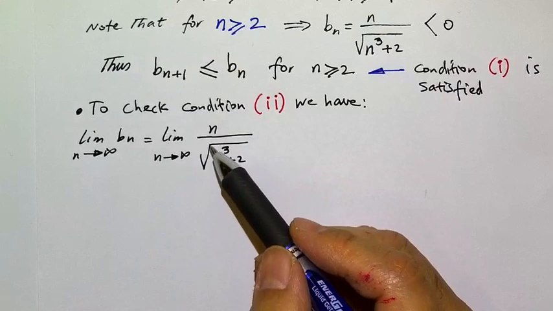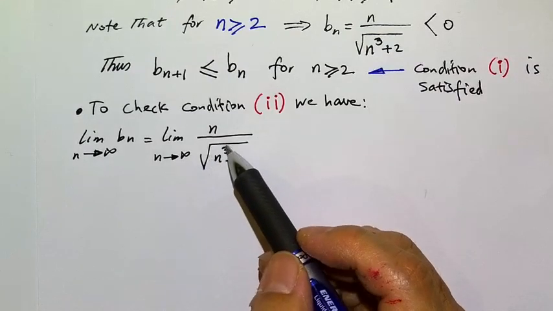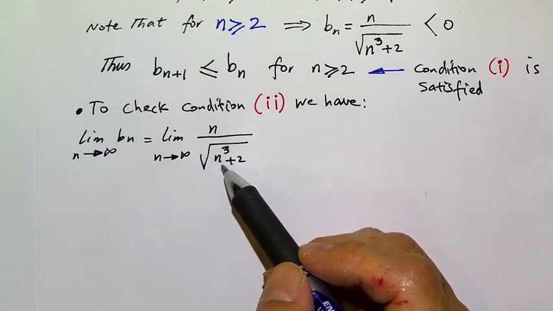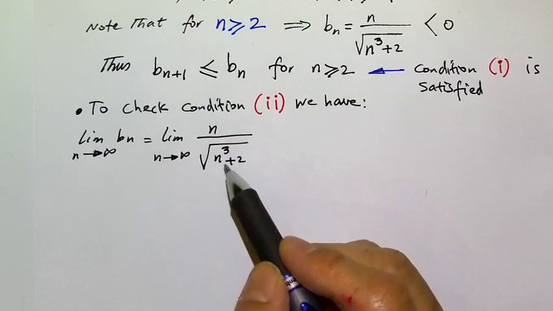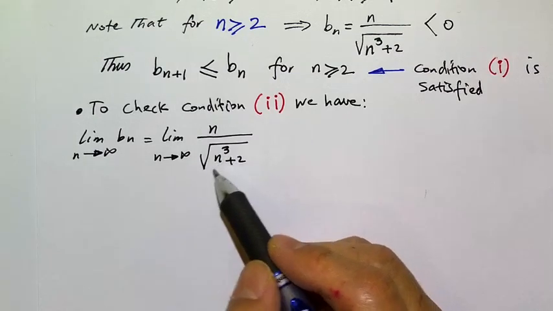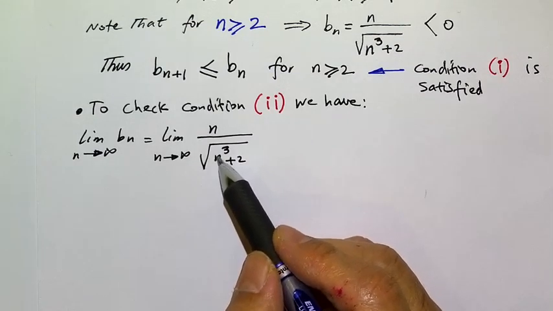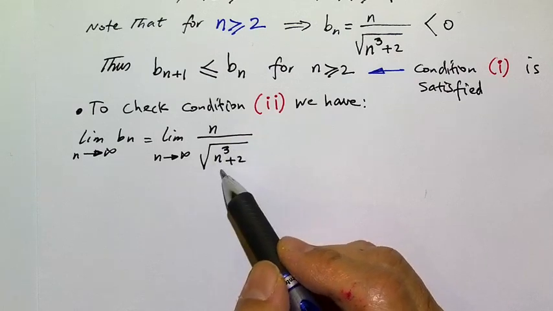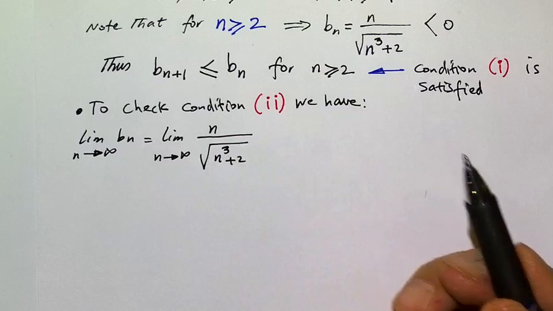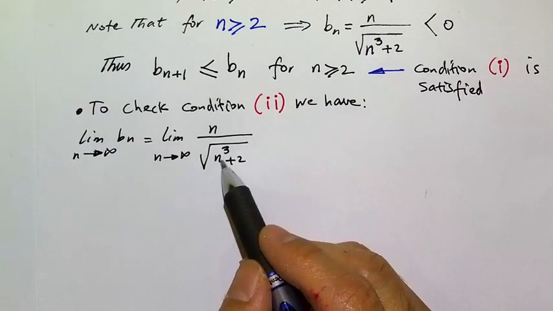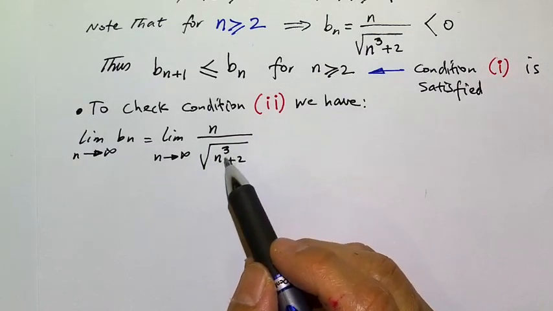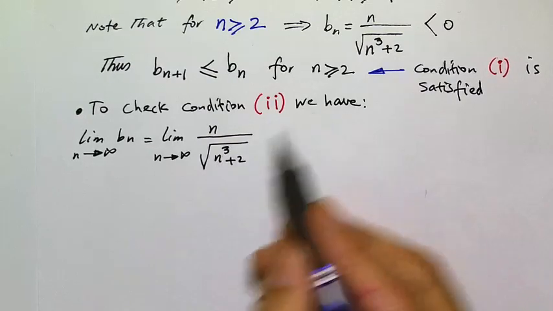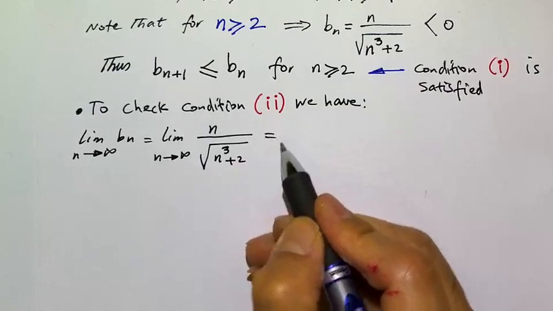So to find the limit in this case, we will divide all the terms in the numerator and the denominator by the n term with the highest power in the denominator. And in that case, it's n to the 3/2 power, or we can just look at it as square root of n cubed. It makes no difference. Either one is the highest power of n in the denominator. So let's divide everything by that.